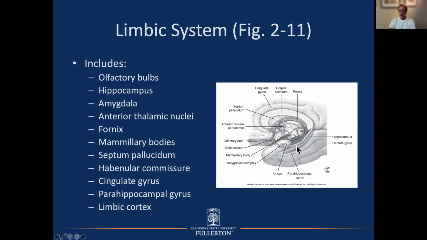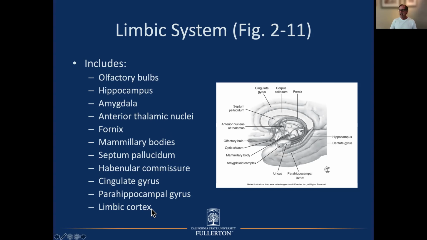You can see that it's actually part of the cerebrum. The amygdala, where is our amygdala? Am I missing it here? Oh, amygdaloid complex, it's labeled here. Anterior thalamic nuclei, fornix, mammillary bodies, septum pellucidum, habenular commissure, cingulate gyrus up here, parahippocampal gyrus, limbic cortex.